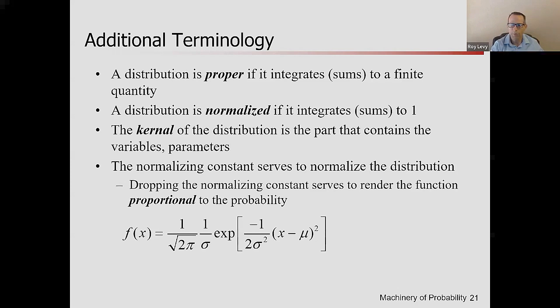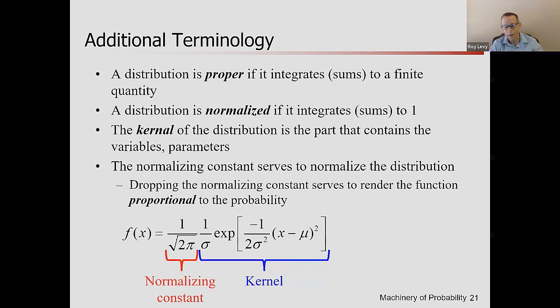So down here is the probability density function for a normal distribution for a random variable x. This portion of the distribution is the kernel. This is the good stuff. It has the random variable x. It has the parameters mu and sigma. This other term over here, that's a normalizing constant, 1 over square root of 2 pi, where pi is just a number.